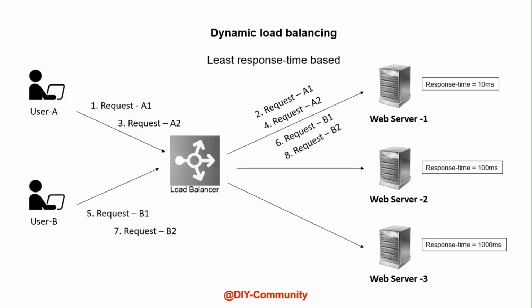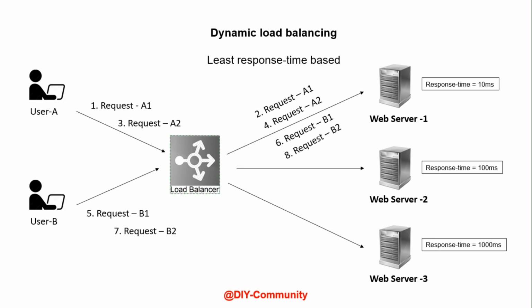There is another algorithm which a load balancer can apply to pick the best possible server from the server farm. It can determine the server based on response time. For example, in this particular case, at a particular moment, web server 1 is returning responses in 10 milliseconds, web server 2 is responding in 100 milliseconds, and web server 3 is responding in 1000 milliseconds.